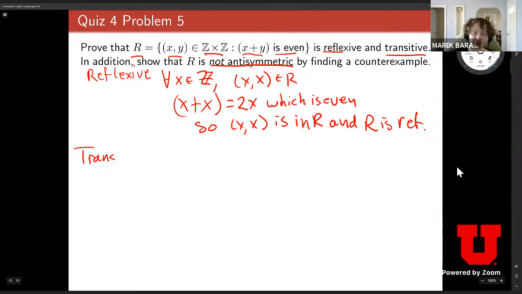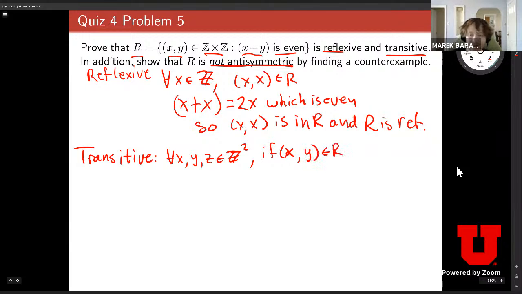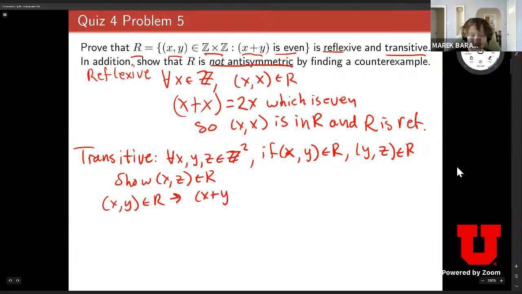So transitive, this is just one way you could have done it. We need to show for all x, y, z in Z, if (x, y) is in R and (y, z) is in R, then (x, z) is in R. So (x, y) in R implies x plus y equals 2l for some l in the integers, because it's even.